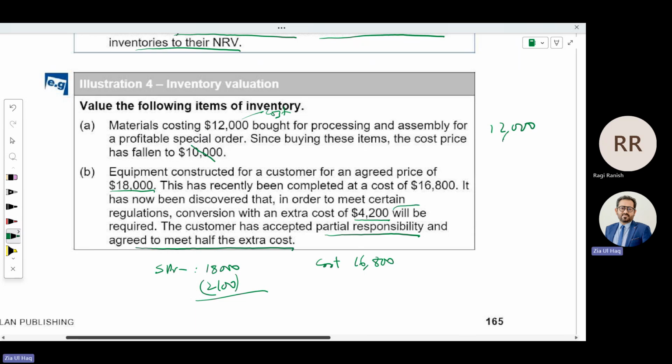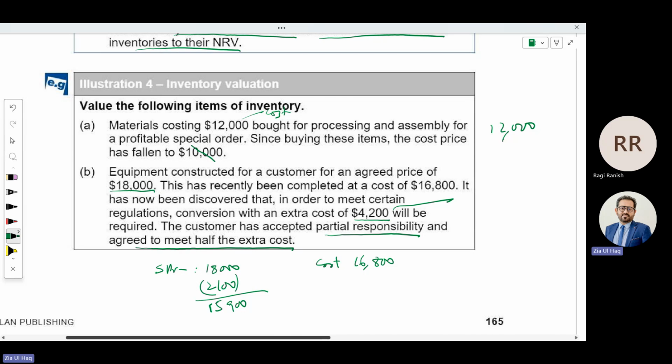This is not extra cost. These are selling expenses. To sell this inventory, to transfer this inventory to the customer, you need to bear 4,200.